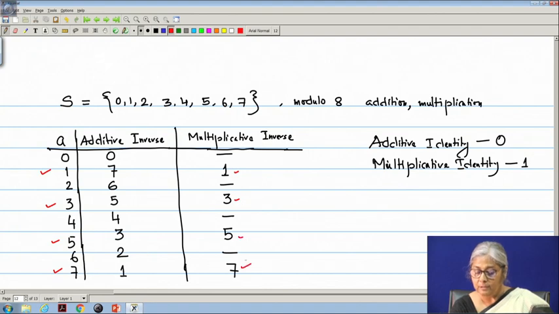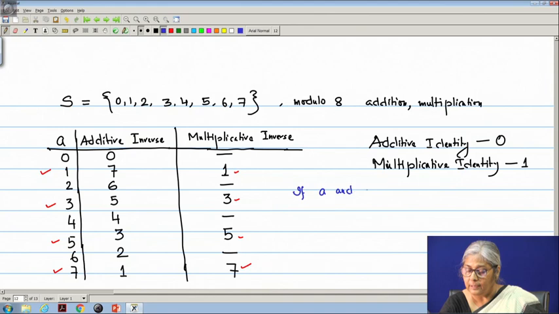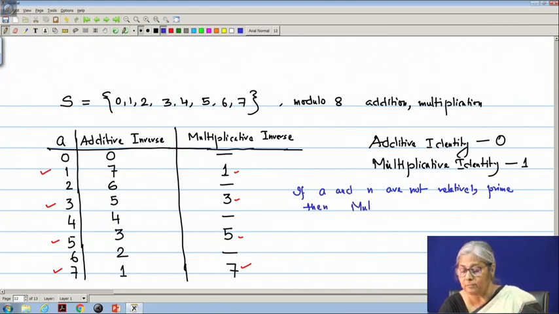And if they are not relatively prime, that means if A and n are not relatively prime, then the multiplicative inverse does not exist.